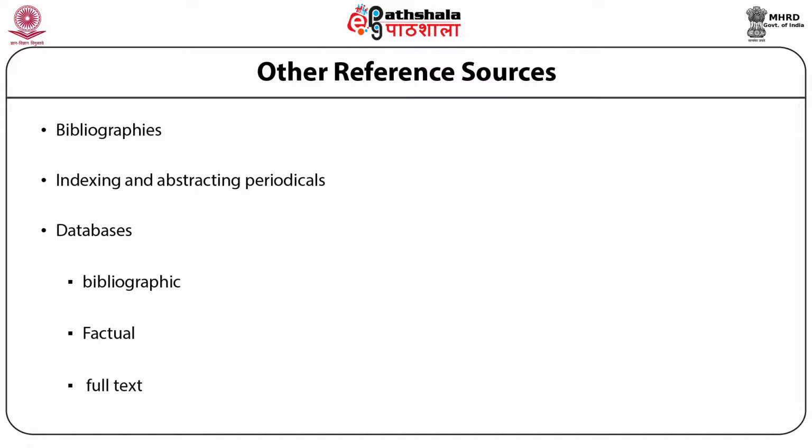A full text database, or complete text database, contains the complete text of books, dissertations, journals, or magazines.